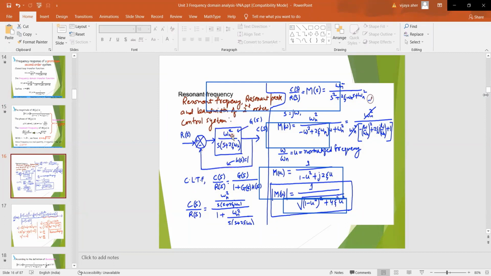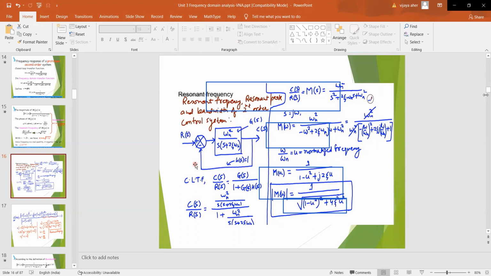This is the block diagram for the second order control system with unity negative feedback. This is the transfer function for the process. This is the transfer function for the feedback element, H of S is equal to 1. Hence we call this a unity feedback system, and the negative sign is on the feedback signal, hence negative feedback. So consider this second order control system, with unity feedback and negative feedback.